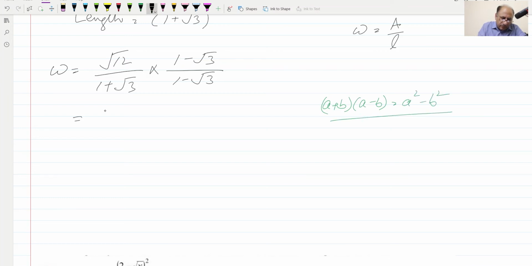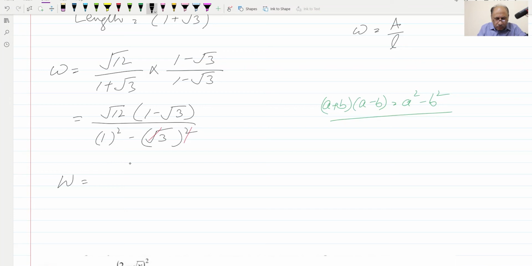In the numerator we write as it is, under root 12 into 1 minus under root 3, divided by 1 squared minus under root 3 squared, and the square and the square root will cancel. So w will be equal to under root 12 minus under root 12 into 3, which is under root 36, over 1 minus 3.